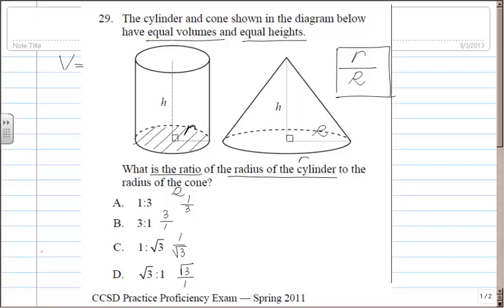But your base is a circle with the radius, what? r. So the area of the circle will be pi r squared, right? That's the area of any circle with the radius r, multiplied by the height. And this is the volume of the cylinder. Let's write it V sub cylinder.